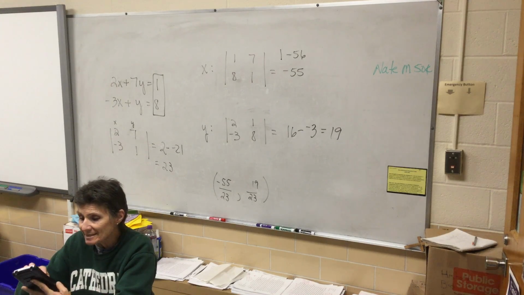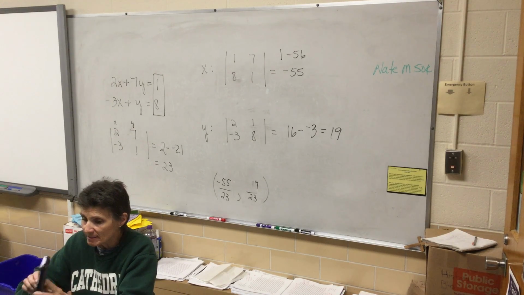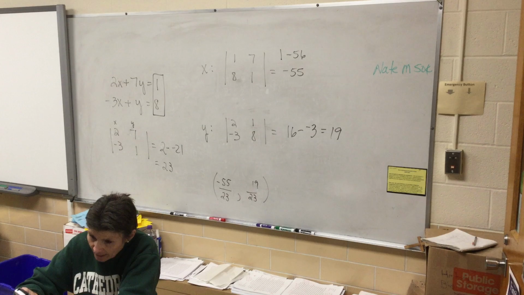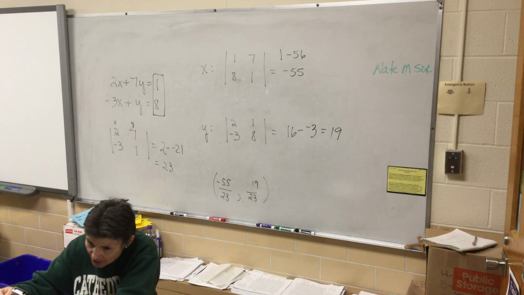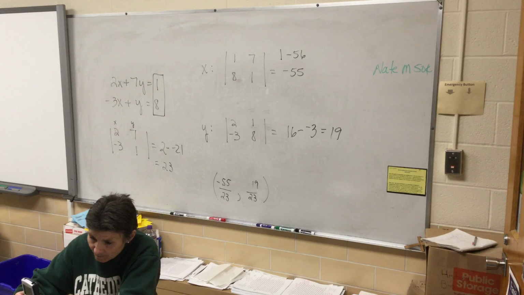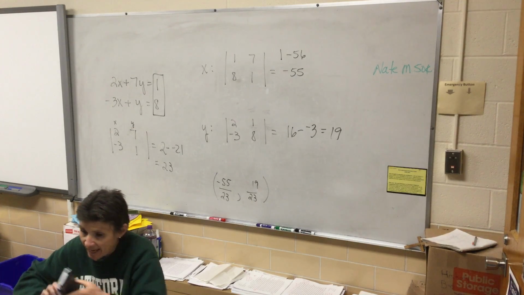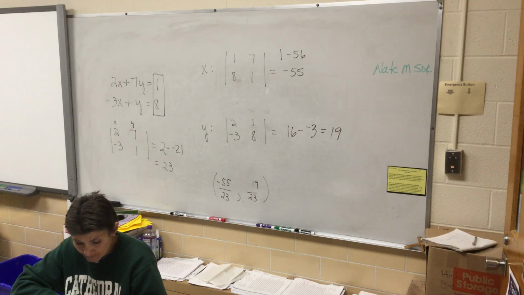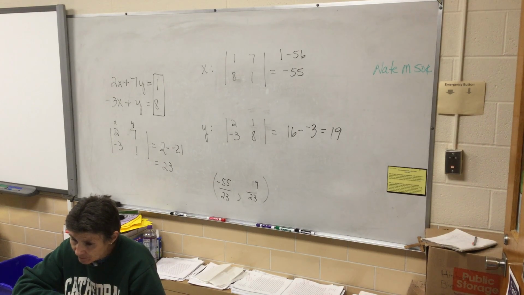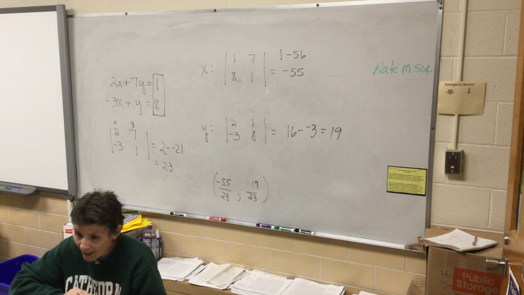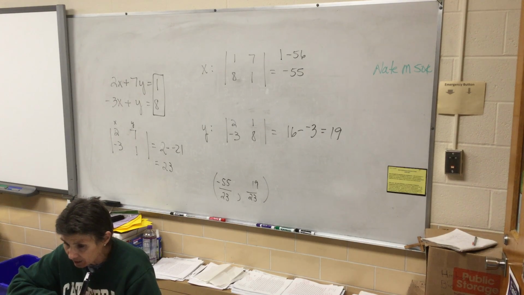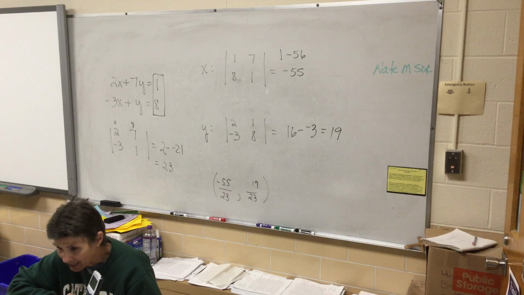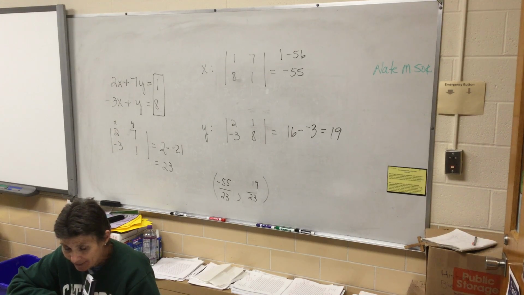So we're going to press second matrix, and we're going to get a whole menu of stuff to do. And we're going to work on that next time we have class. So be sure that you have a calculator. It's going to have to be a grapher. And make sure you know where the matrix button is on that calculator, because that's what we're going to do. Anybody have any questions about that?